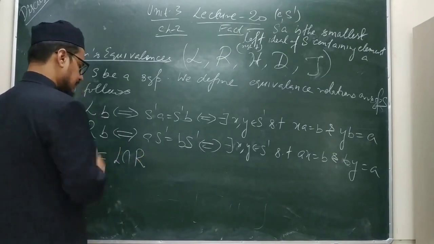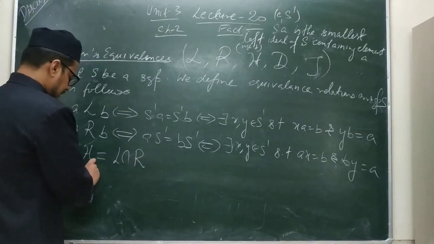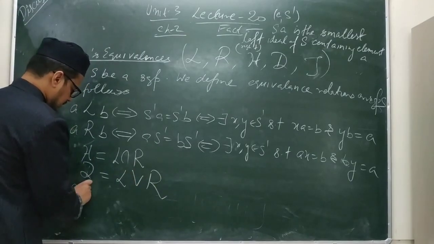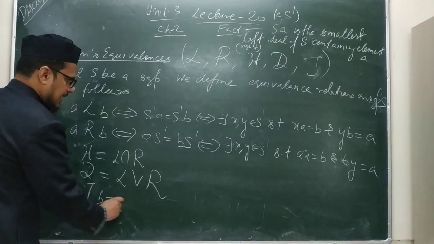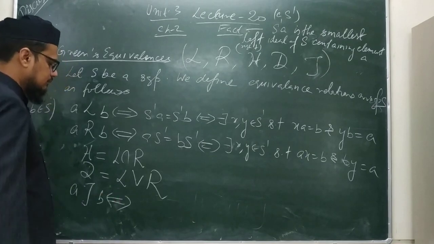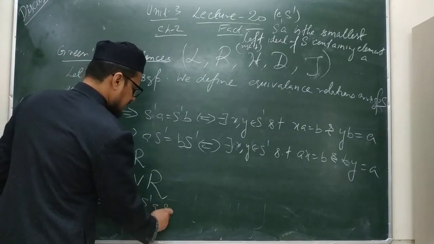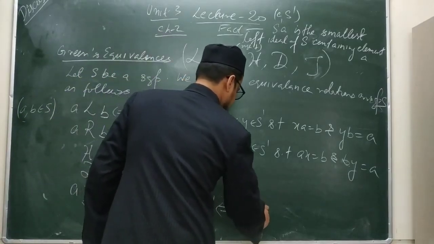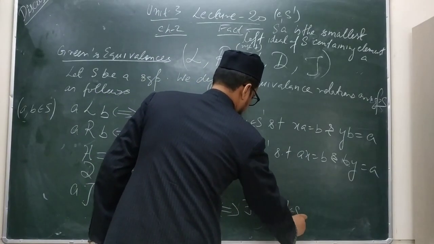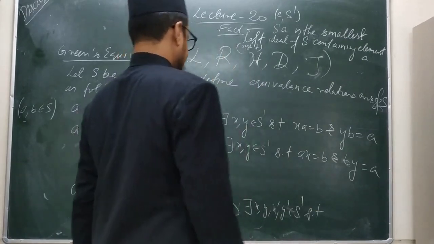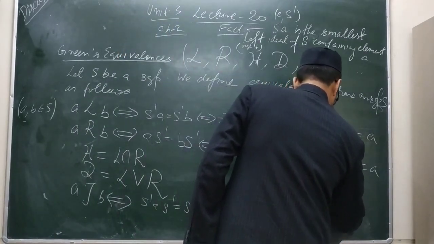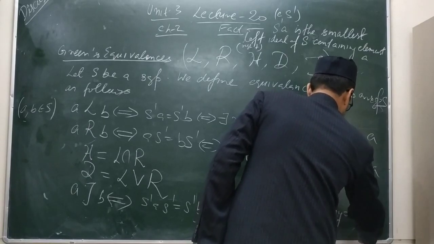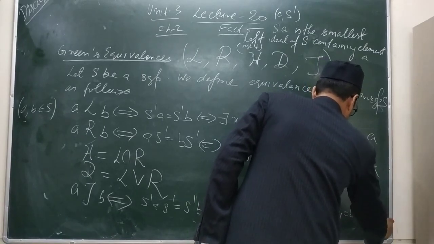L intersection R. And D is defined as L join R. And aJb is defined as S1aS1 is equal to S1bS1, iff there exist x, y, x', y' belonging to S1 such that xay is equal to b and x'by' is equal to a.